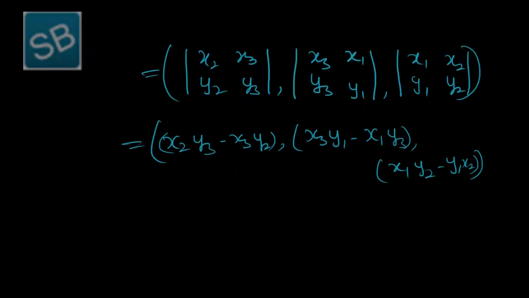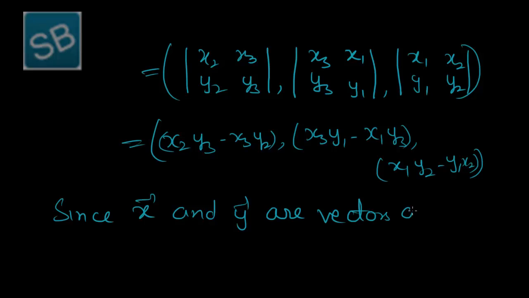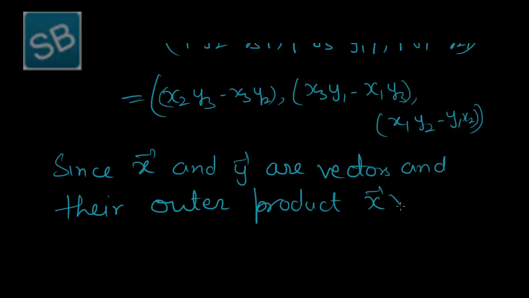So since x and y are vectors, their outer product x cross y is also a vector.